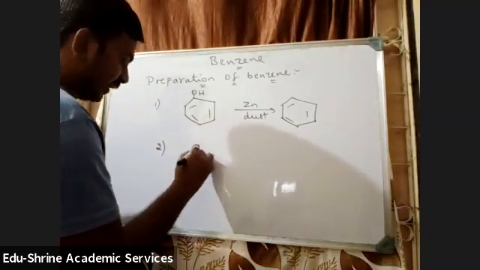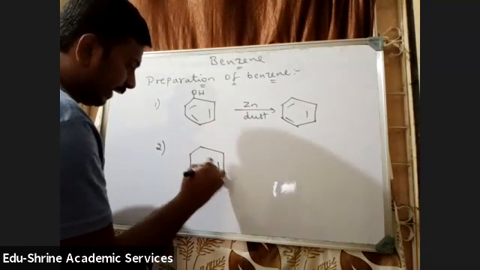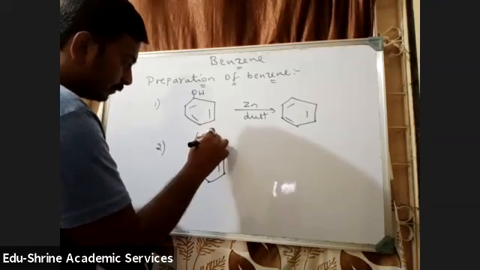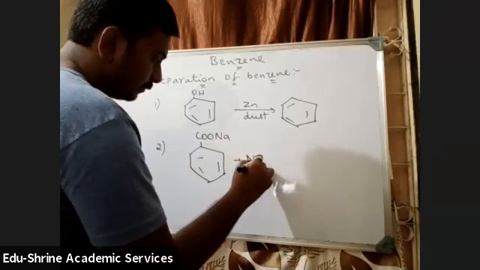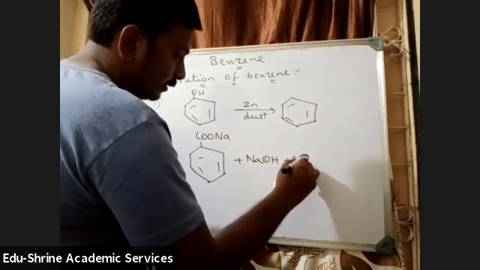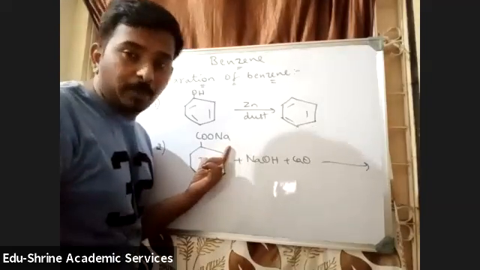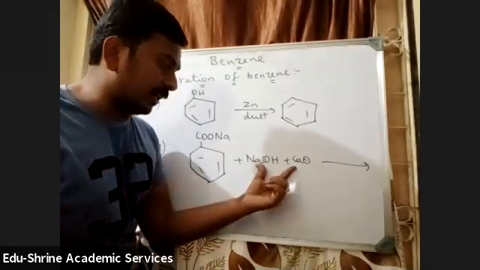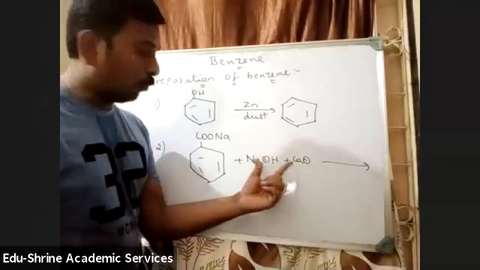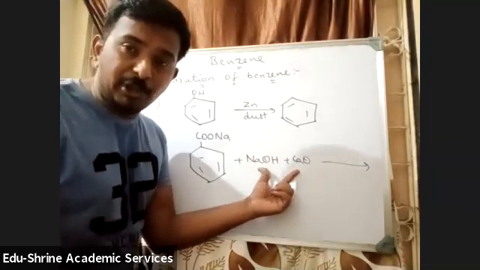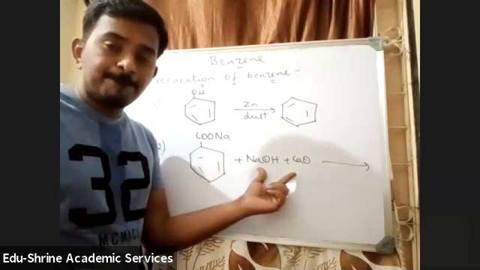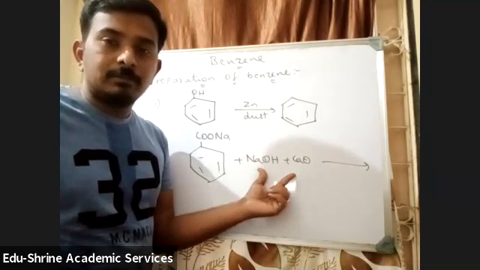Then the second reaction is, see students, whenever you take the sodium salt of a carboxylic acid and react it with NaOH and CaO, what is the name of this reagent? NaOH plus CaO is soda lime.